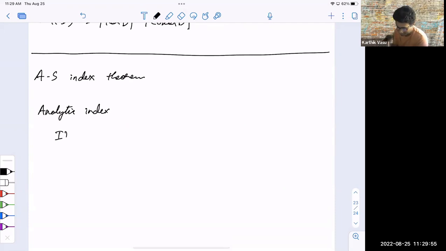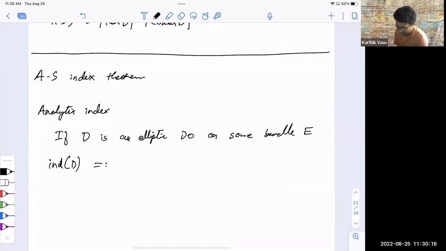So if D is an elliptic differential operator on some bundle E, then I can define the index of D, and this is the analytic index of E and the differential operator D. Okay, that's pretty simple.